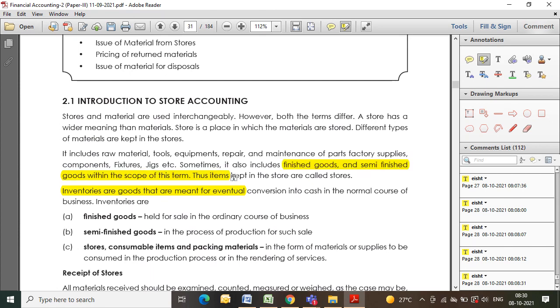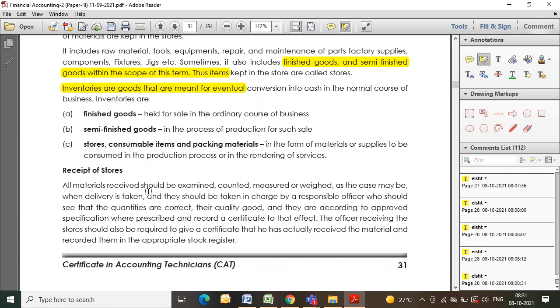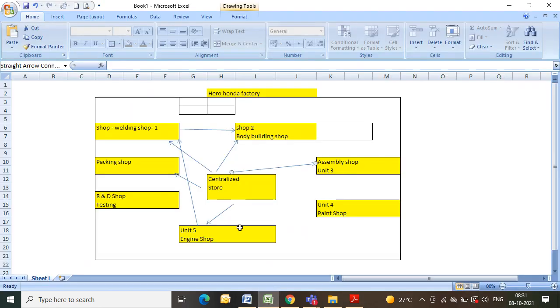The stores typically hold all these three types of inventories: finished goods, semi-finished goods, and then the stores. So who is managing this? The store. So this is where the store happens, right?